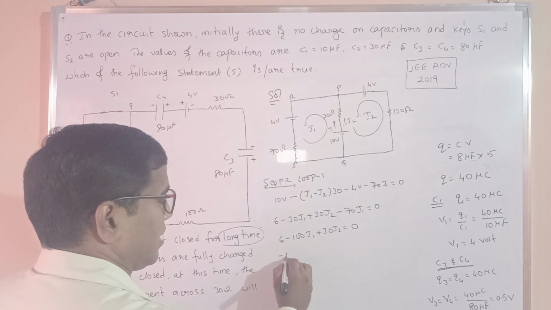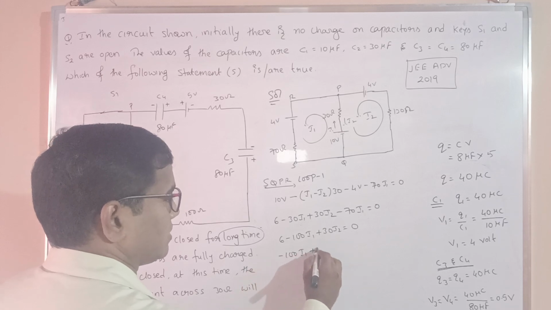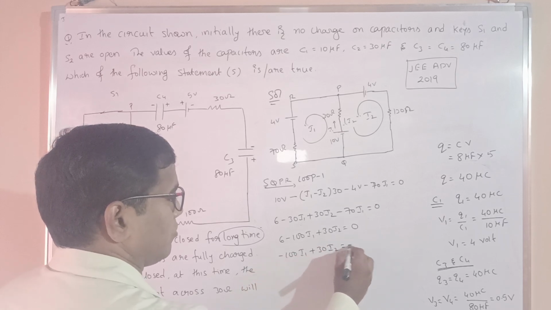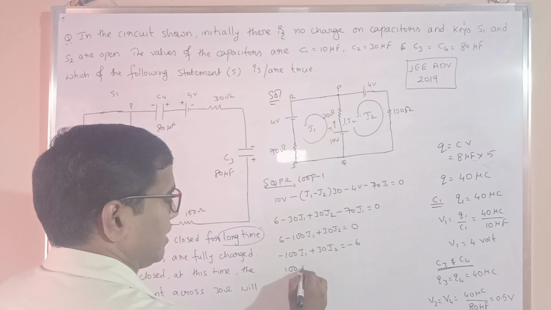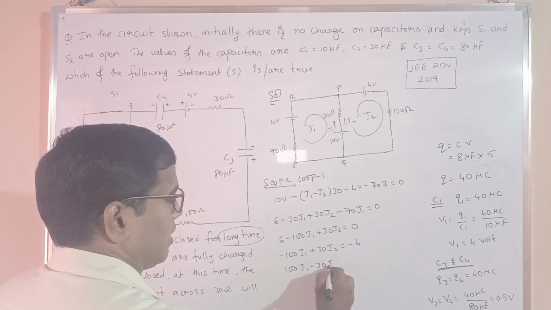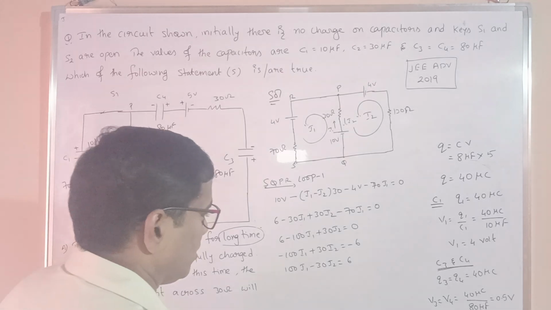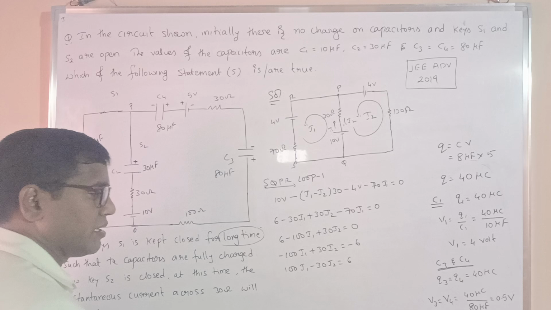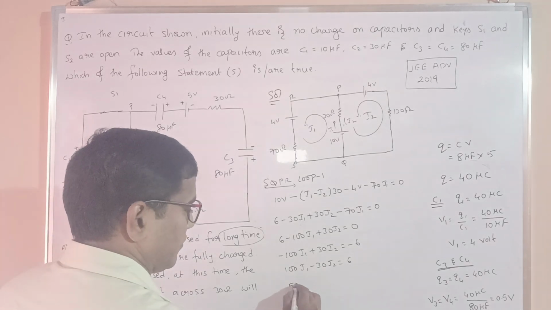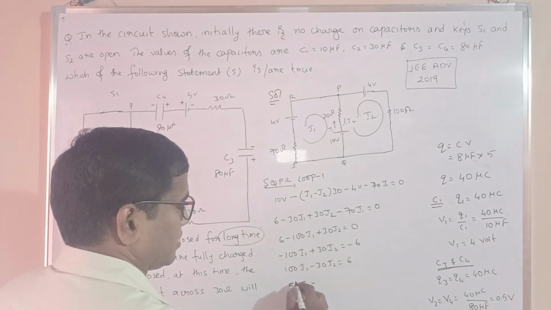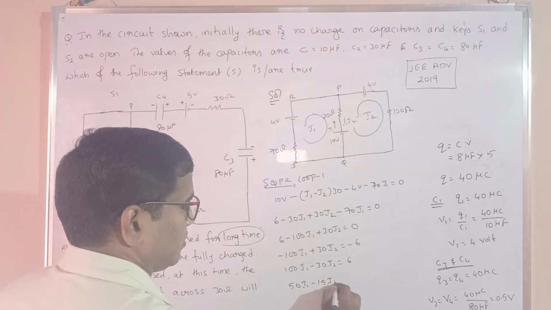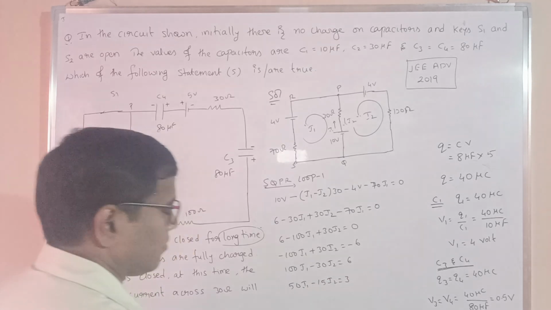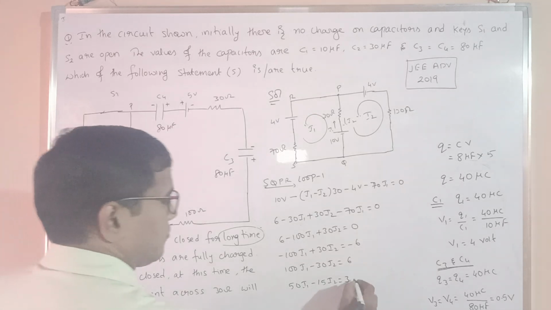So minus 100 I1 plus 30 I2 is equal to minus 6. So 100 I1 minus 30 I2 is equal to 6. So we can take 2 common, it will get cancelled. So 50 I1 minus 15 I2 is equal to 3. So this is the first expression.